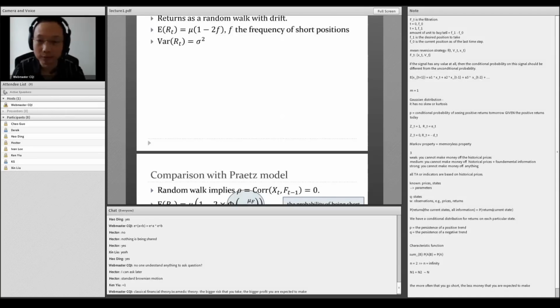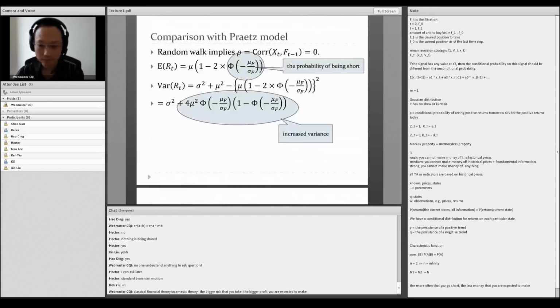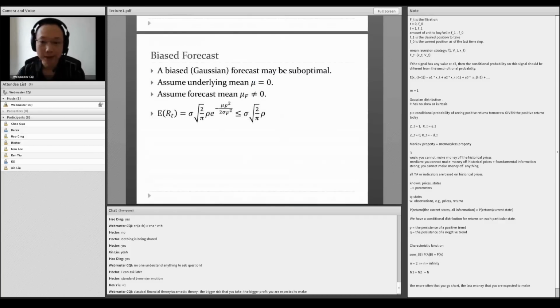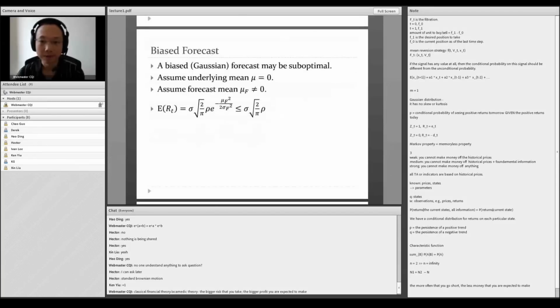So after we have this mathematics, we want to ask when our indicator is the best. Basically, we want to ask how we can maximize this, when is the expectation of return maximized. So we do some simple calculus.